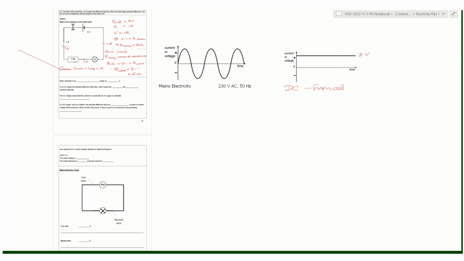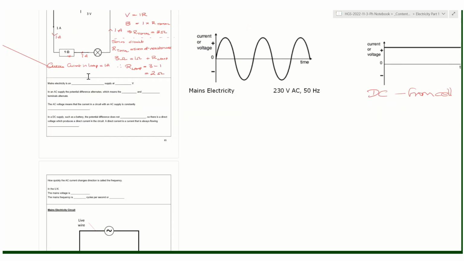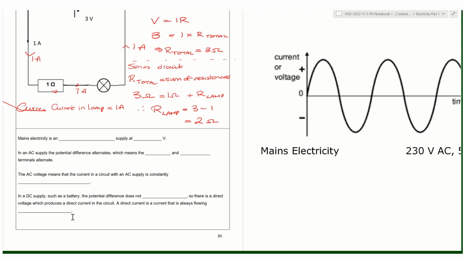So we say the following. To describe the fact that the voltage changes in equipment, we call this alternating current. So mains electricity is an alternating supply, and it's at 230 volts.